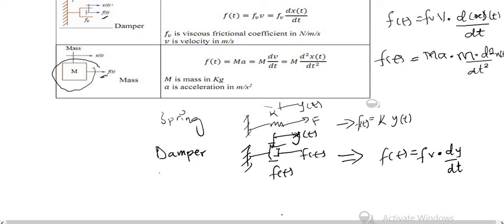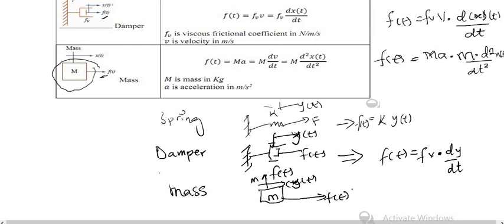For the mass, we have a mass body m in the direction of y of t.